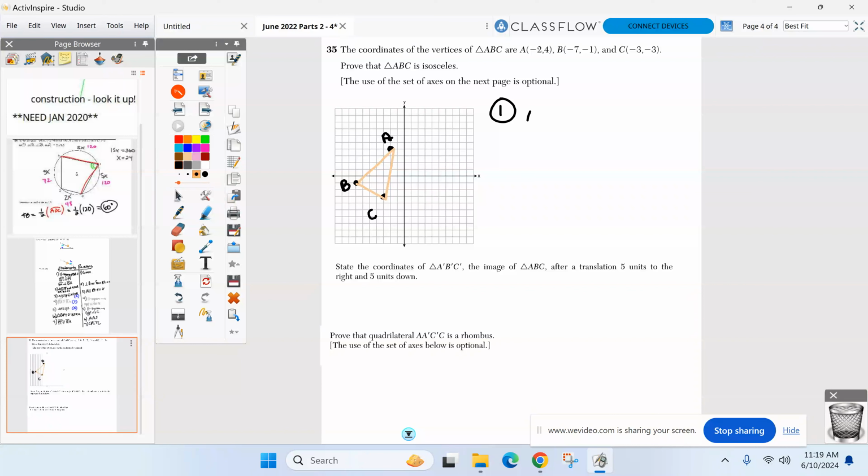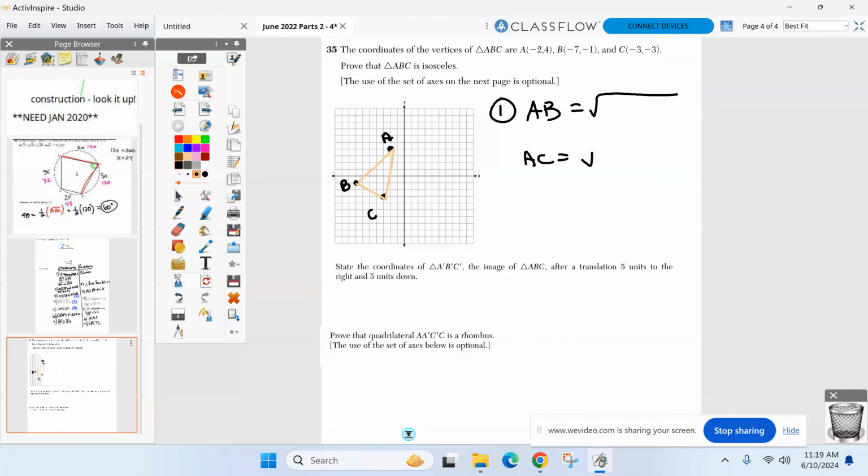We can just do it on side AB and side AC, because those are the ones that we're pretty confident are going to be the congruent ones. You do not need to show me BC is not equal to it. All right, because even if it is, it's equilateral, and equilateral triangles are isosceles, so it doesn't matter anyway about BC. All right, I'll give you a minute or two.